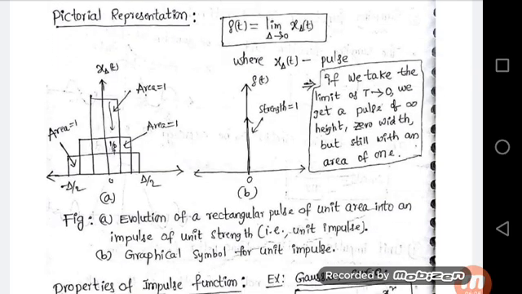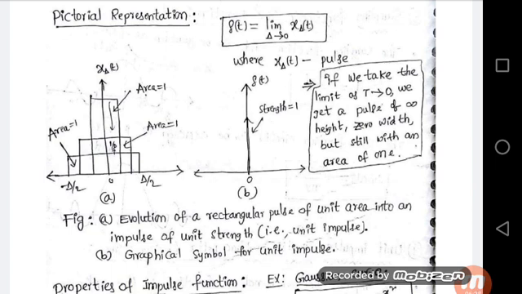Practical representation. In the practical representation, when we look at the step sizes of the signals in waves A and B, here also the impulse wave indicates 0.